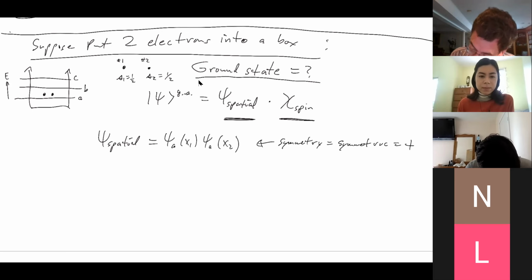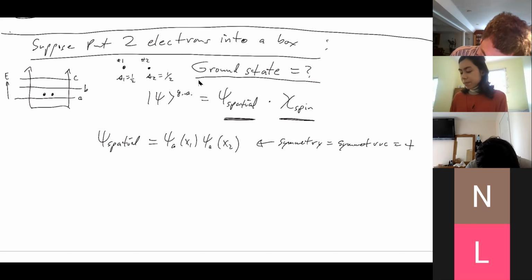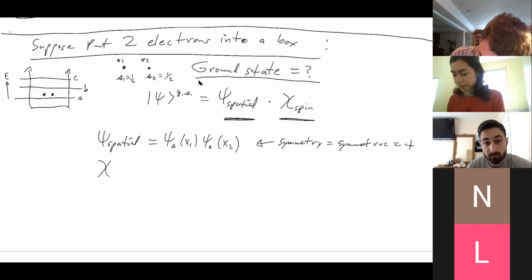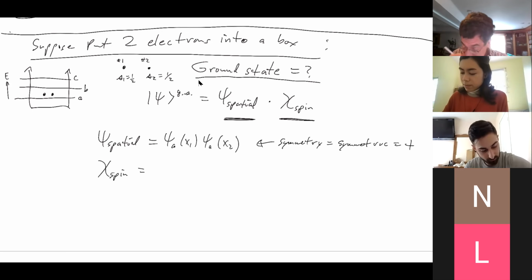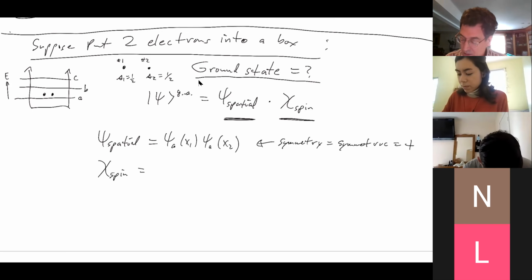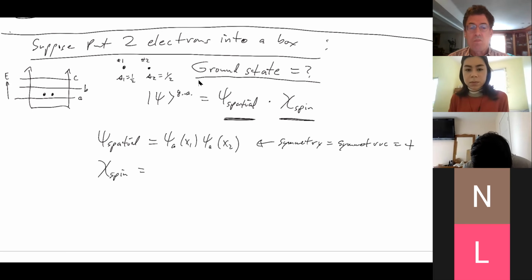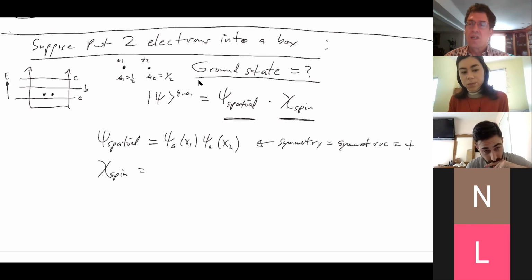But now we can allow it because we do a trick and we ask ourselves, what's the spin part? So now somebody tell me what's going to be the spin part of the wave function for this state? Using the tricks we just learned. I've got 2 spin 1/2 particles, and there are many possible spin states, but which one should we take?